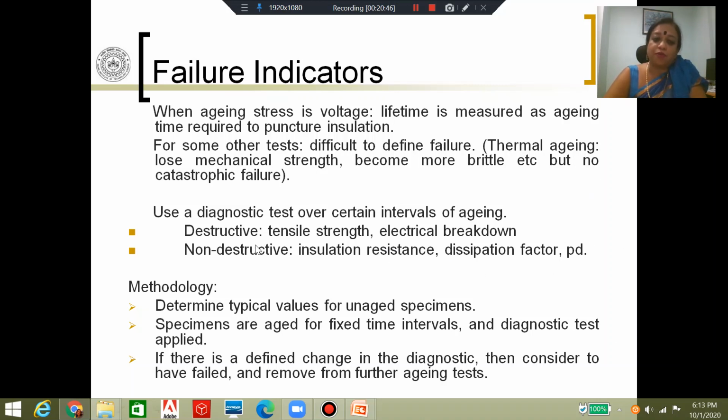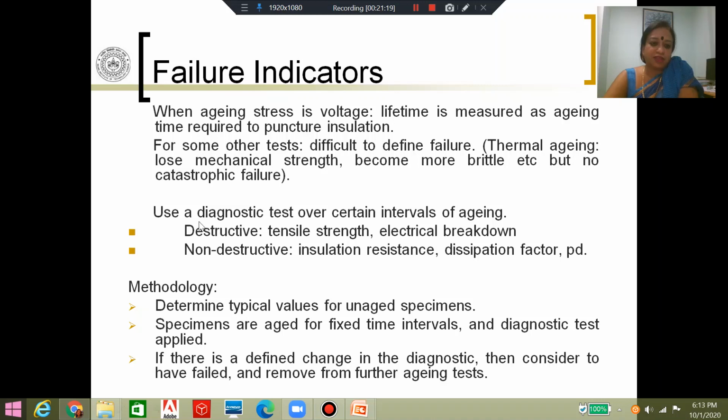So you can perform non-destructive tests like insulation resistance measurements, dissipation factor measurement, partial discharge detection. The change in insulation resistance, the change in PD levels will give you a measure of the aging. These properties will then behave like aging markers. So we will have to set up failure indicators for the diagnostic test that we want to perform.